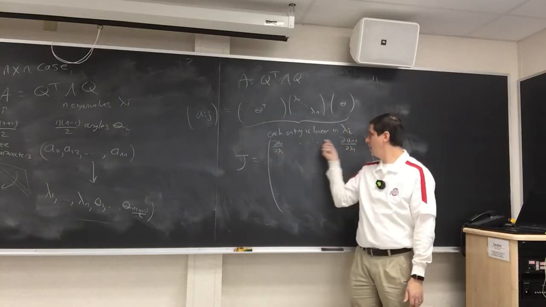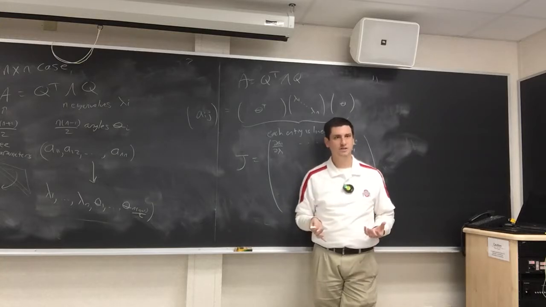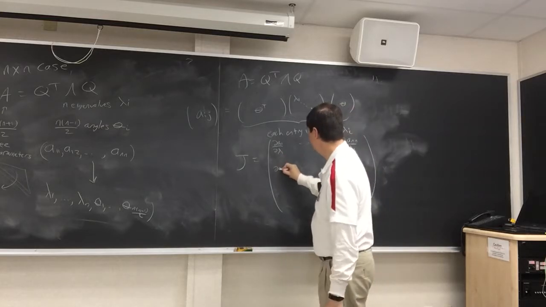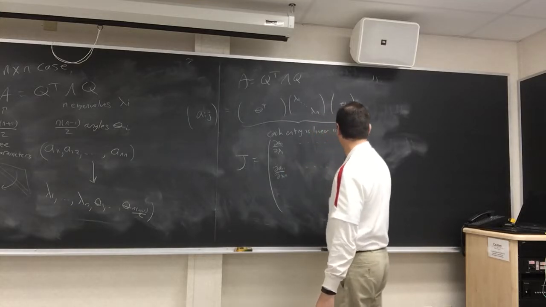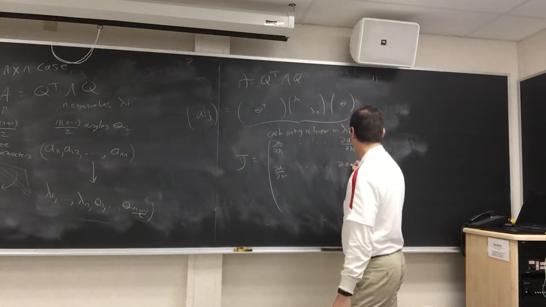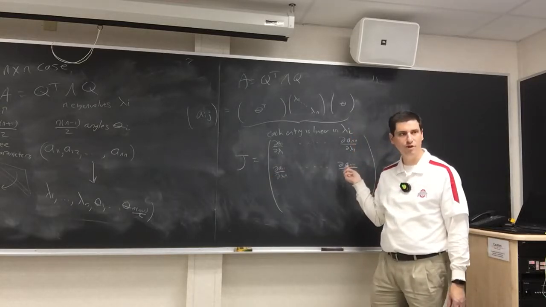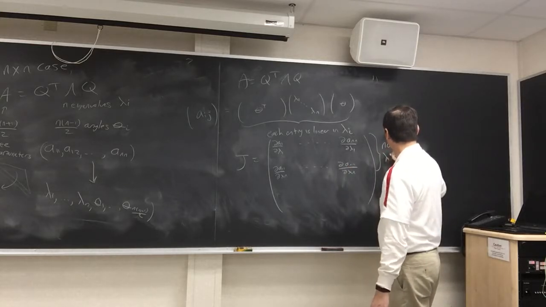Whatever these entries are, they are just massive, ugly functions of theta. We go all the way down to dA11 d lambda n, all the way down to dAnn d lambda n. And all of these will also not involve any eigenvalues. So no lambda i.